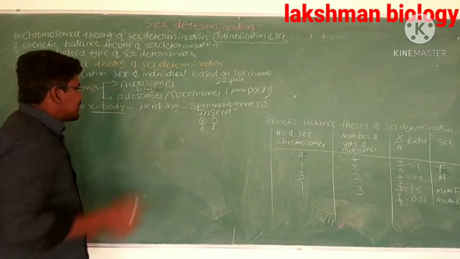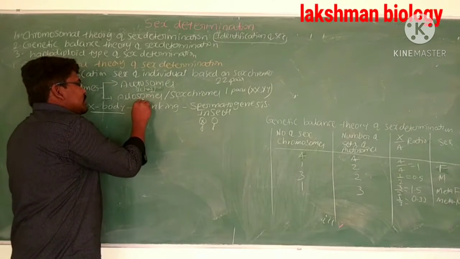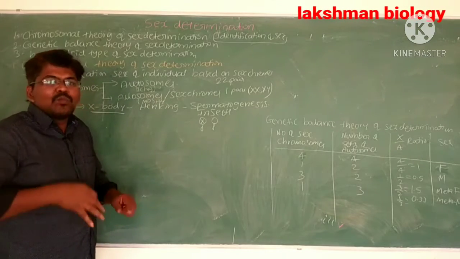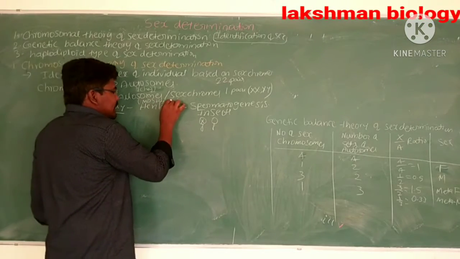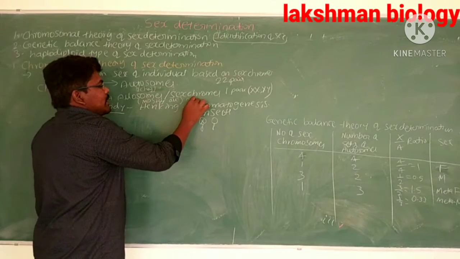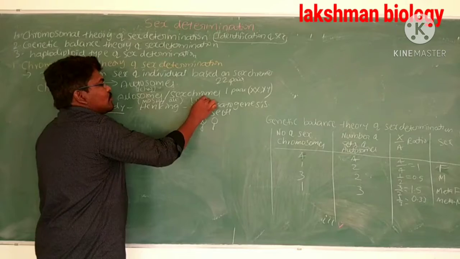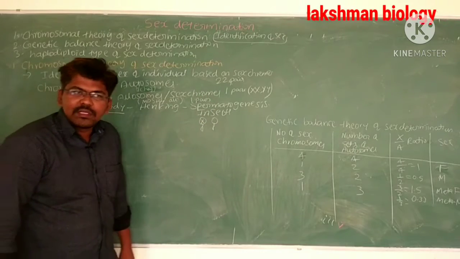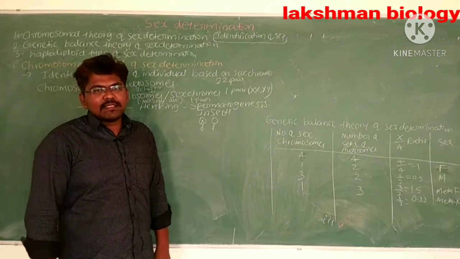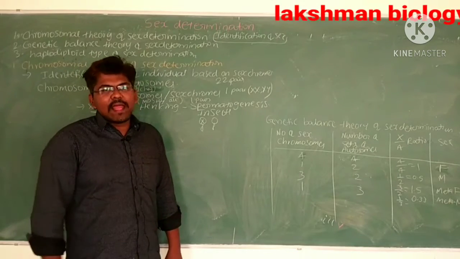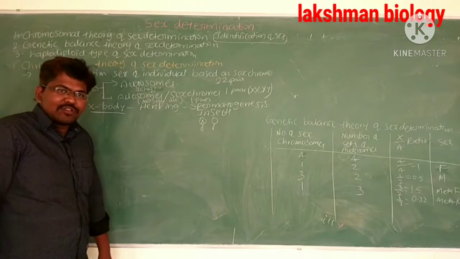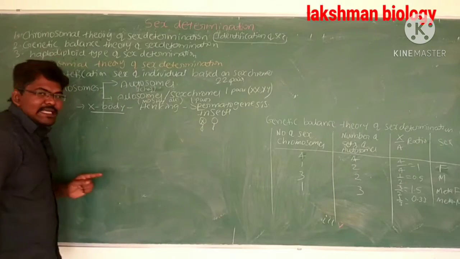But the number of allosomes is mostly the same in all individuals. It may be one pair, or 2 allosomes or sex chromosomes, present in mostly different types of organisms or animals. That is about the autosomes and allosomes and basic details of sex chromosomes.